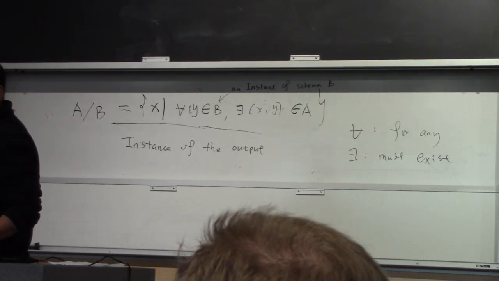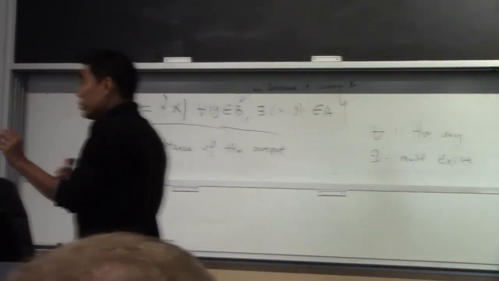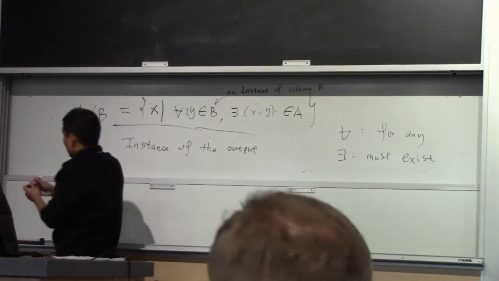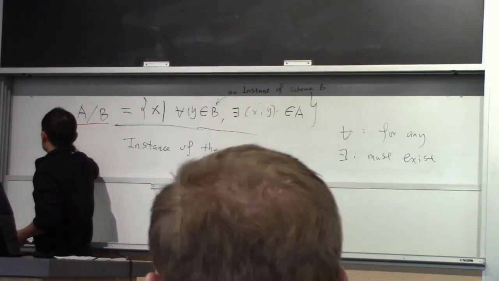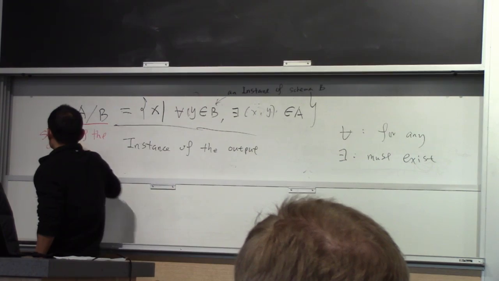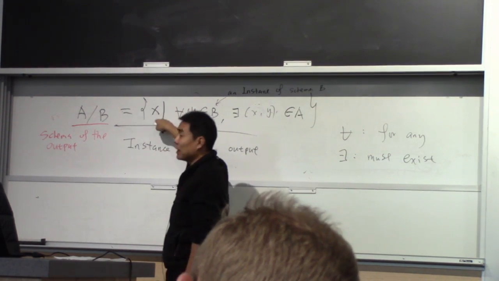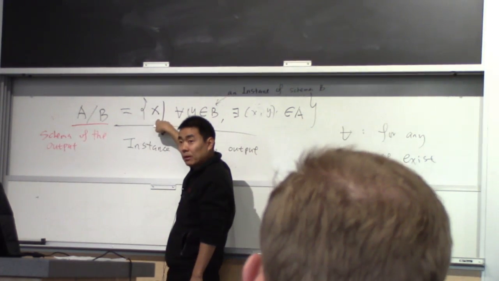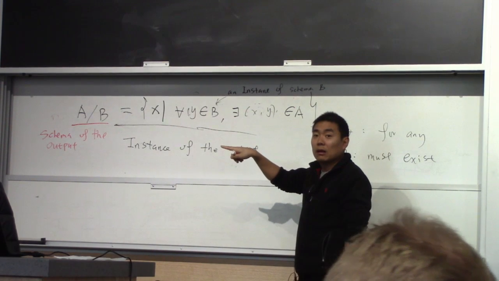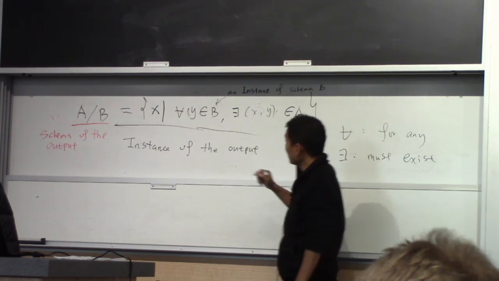First of all, if you have trouble understanding this, you should have no trouble inferring the schema of the output. What is the schema of the output? By this definition, the schema of the output must be able to describe this X, which is all the attributes in A, but not in B. Why?